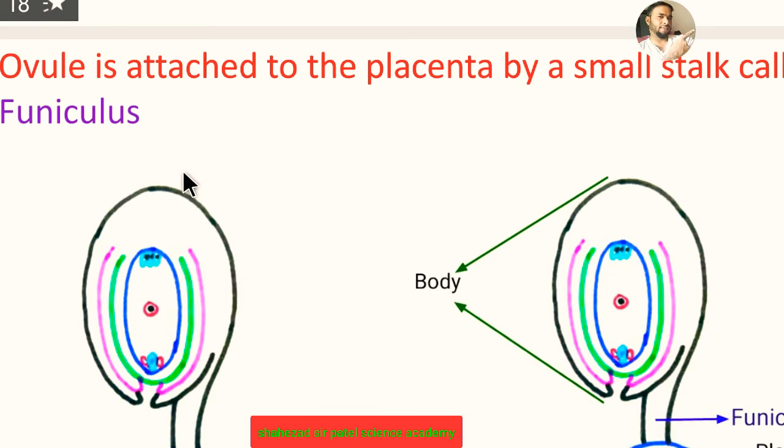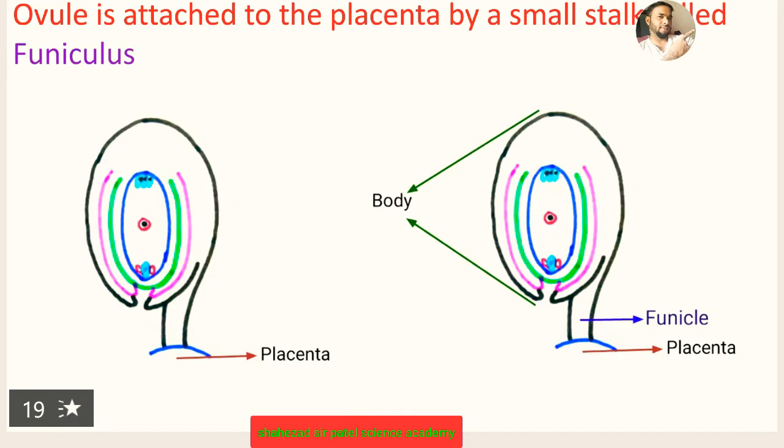Now, about the ovule. The ovule is attached to the placenta by a small stalk called funiculus. So as I told you earlier, if this is the structure of the anatropous ovule, this is the micropyle region, this is the chalaza, and this is the funicle, and this funicle is attached with one more structure called the placenta.